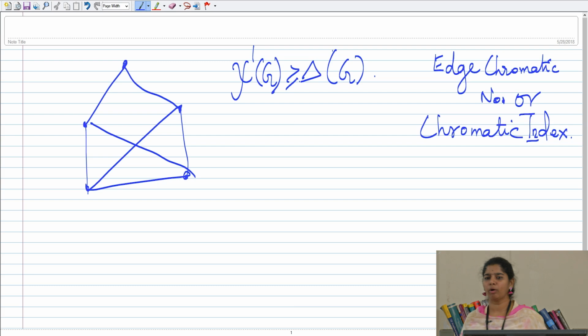So this is a lower bound for the chromatic index, that we require at least delta colors. What about the upper bound?